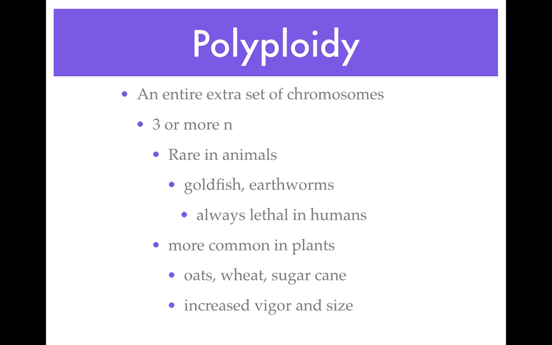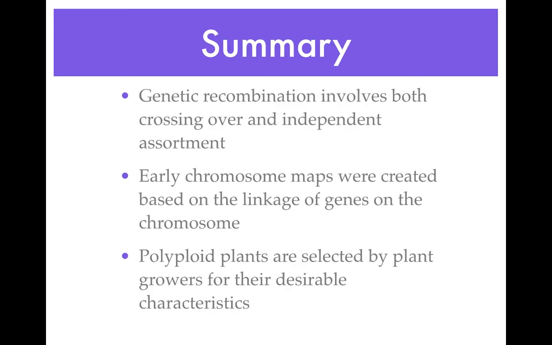They are polyploid. So genetic recombination involves both crossing over and independent assortment. Early chromosome maps were created using linkage of genes on a chromosome. Polyploid plants are selected by plant growers for their desirable characteristics.